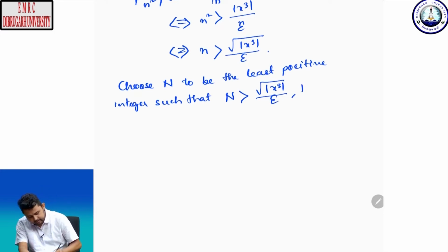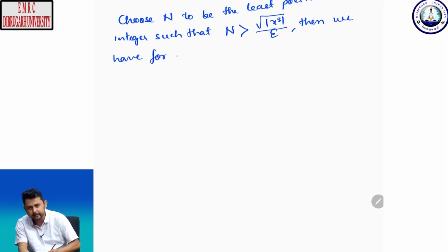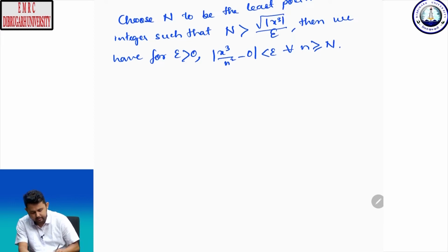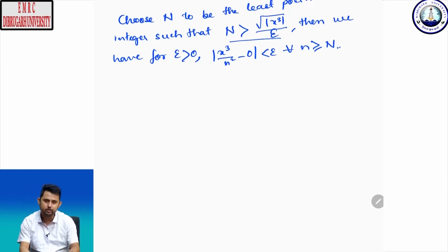Then we have, for epsilon greater than 0, x cube upon n square minus 0 is less than epsilon for all n greater than or equal to capital N, where my capital N is the least positive integer which is strictly greater than square root of mod x cube upon epsilon.